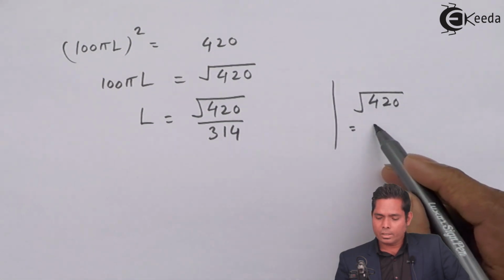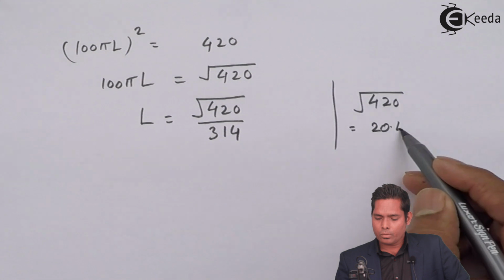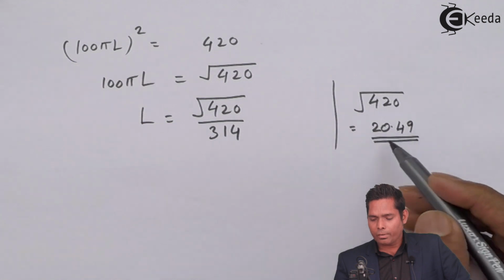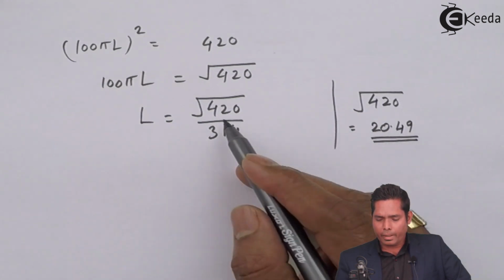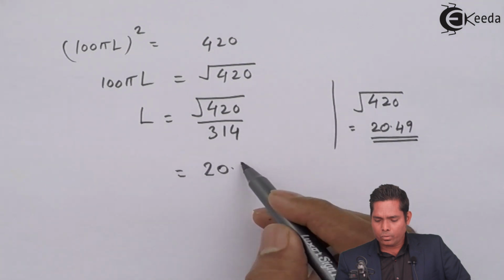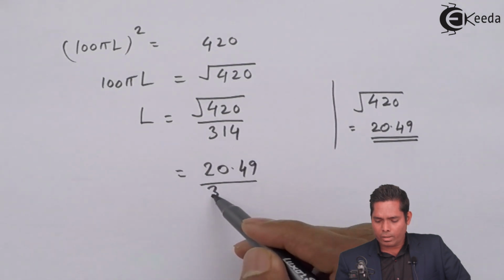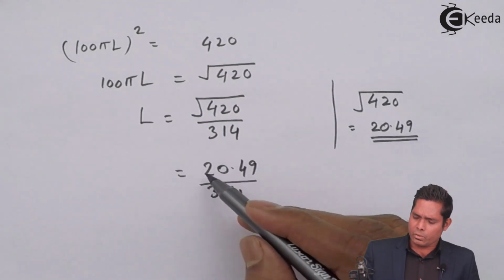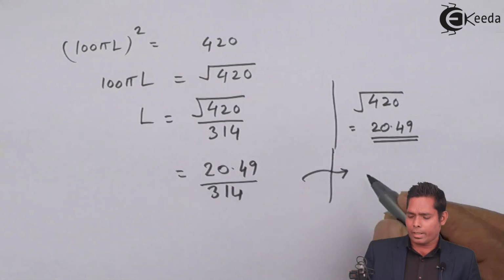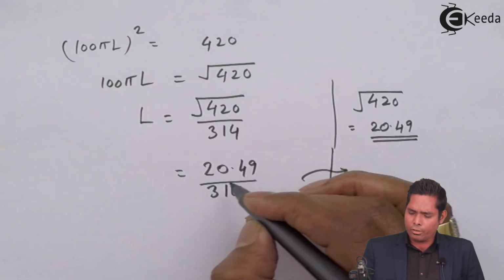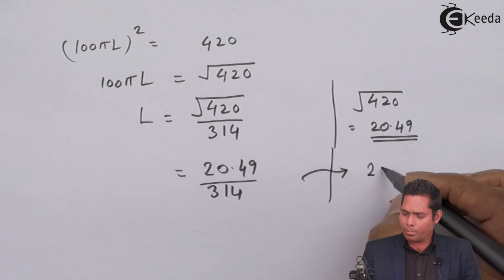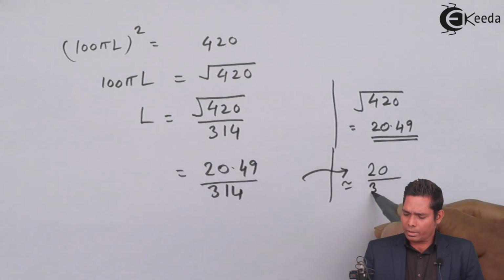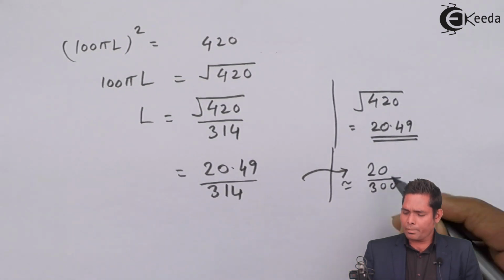So I'll write it is nearly 20.49 something like that. So 20.5 you can say, divided by 314. This is approximately, if I write 20, this is the way to find it, because you should not go for the actual calculation. Even if I take this as 20 approximately, and this is 314, I will take 300.